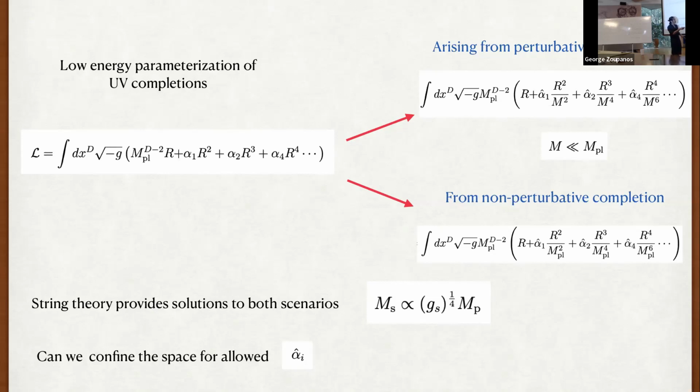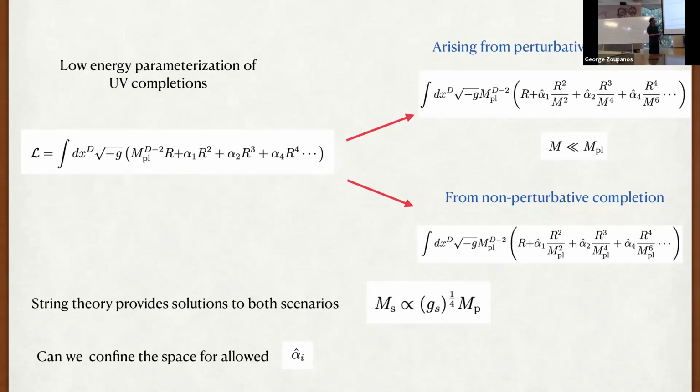So this effective action is what you would assume if gravity is weakly coupled while it's UV completed. On the other hand, if you assume that gravity is UV completed while it's strongly coupled, then the natural thing to put here is just M Planck itself, because that's the only scale that you're allowed to use.